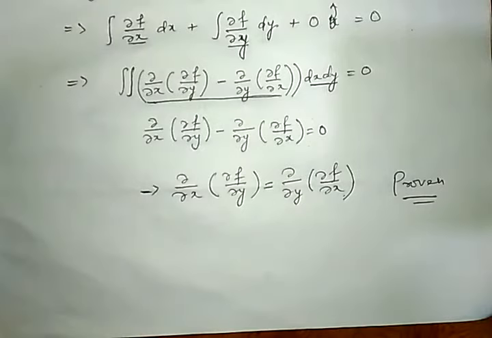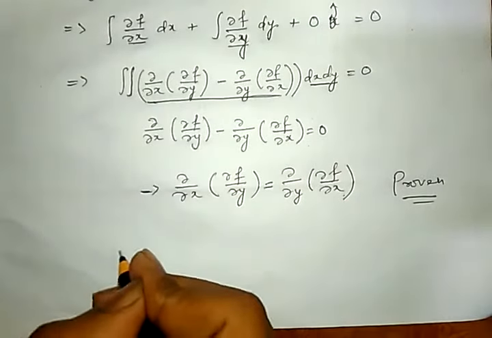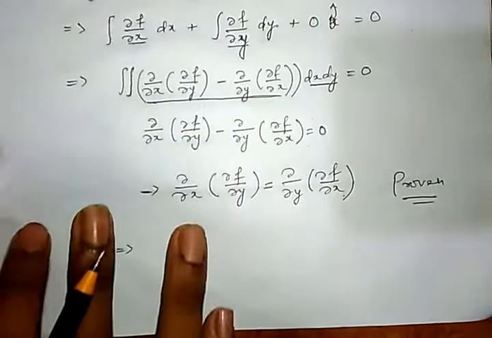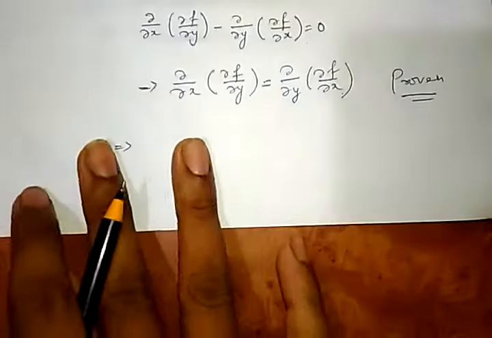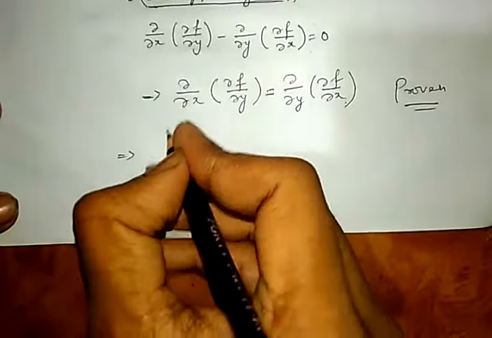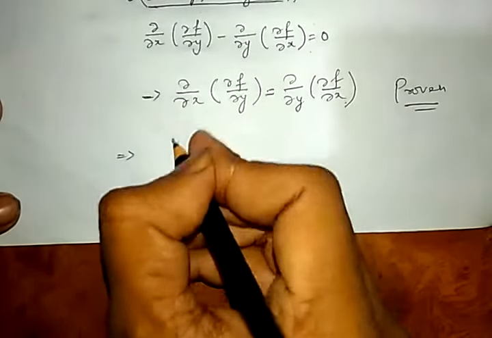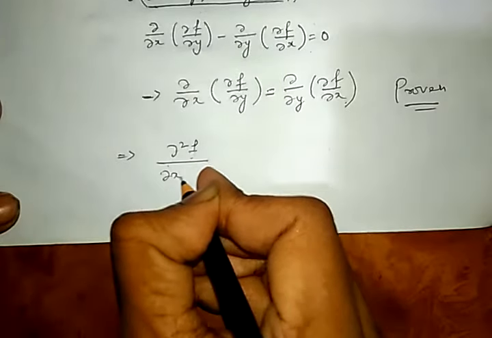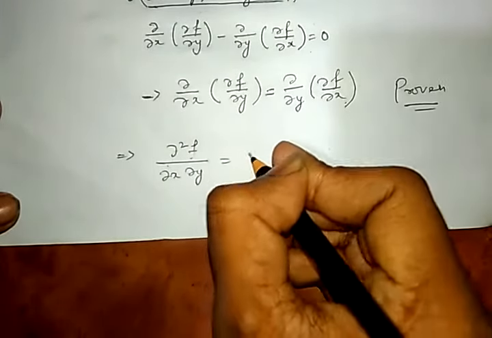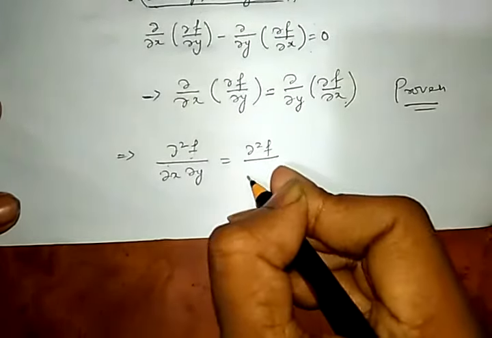And okay, what else can we do? We can write this in our initial form that we have used, and let me use that right away. It is ∂²f/∂x∂y and ∂²f/∂y∂x.